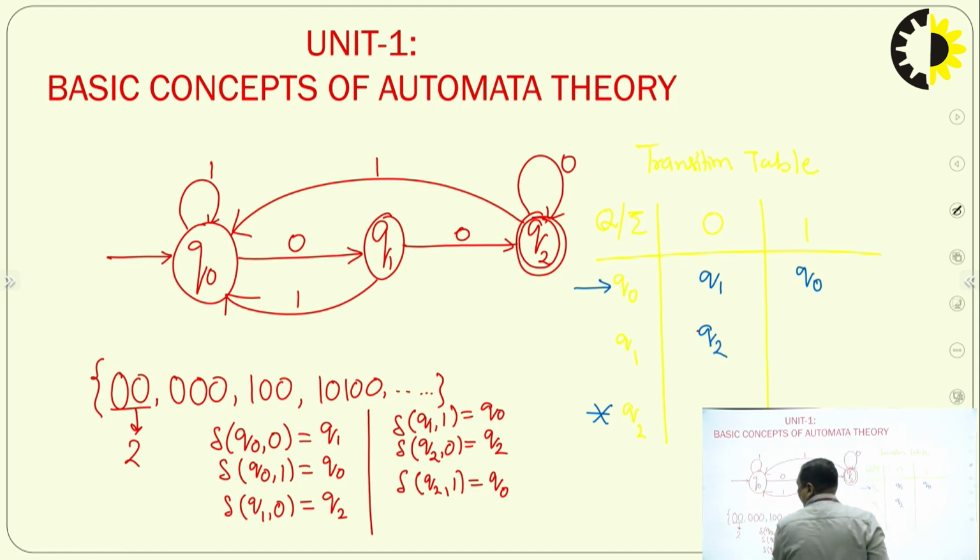And when we apply 1 on Q1, we will move to the state Q0. When we apply 0 on Q2, we will remain on the state Q2, and after applying 1, we have to go to the state Q0. So this is called the transition table, right?